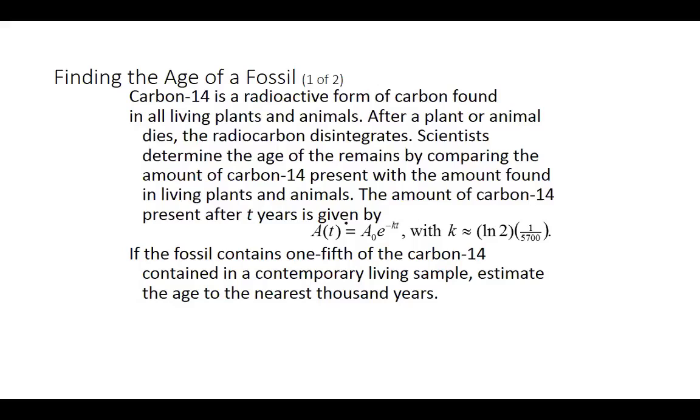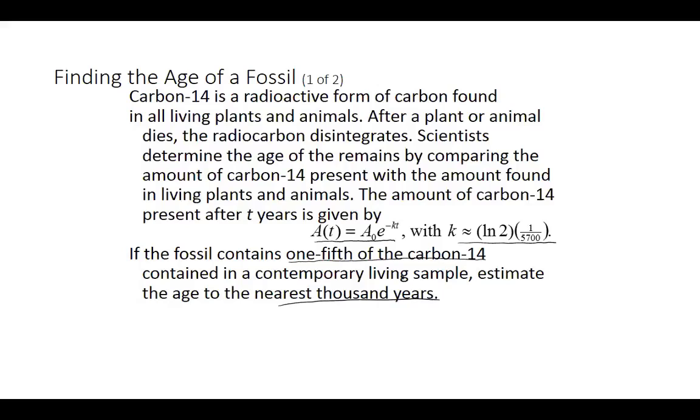The amount of carbon-14 present after t years is given by this equation: A(t) is equal to A initial times e to the power minus kt, where k is given to us as a constant, which is log of 2 times 1 over 5,700. If the fossil contains 1/5 of the carbon-14 contained in the contemporary living sample, estimate the age to the nearest 1,000th year.